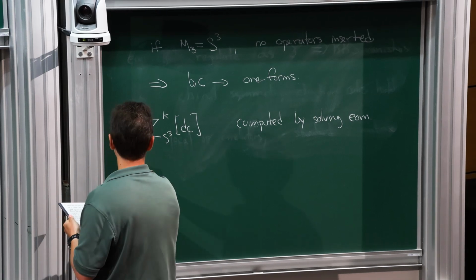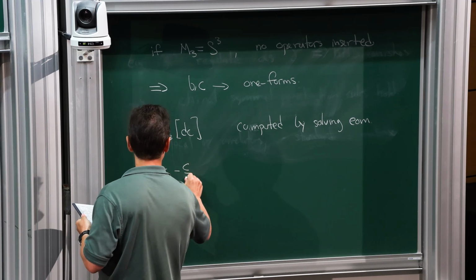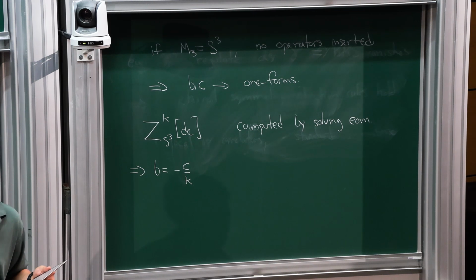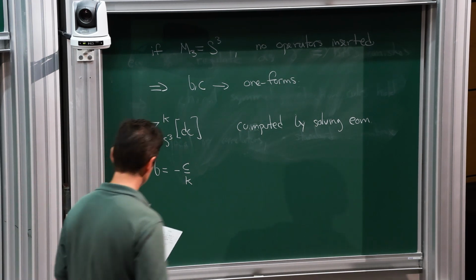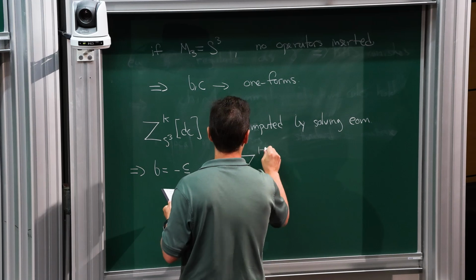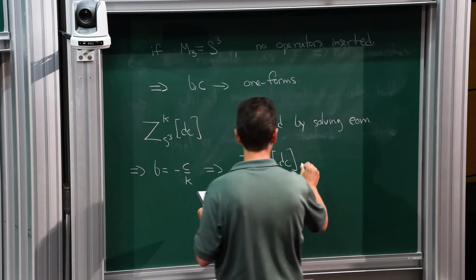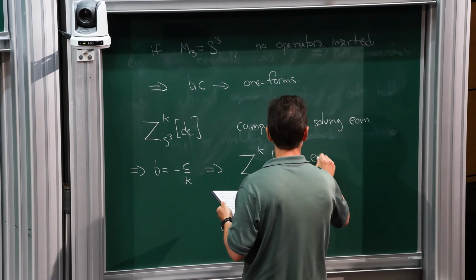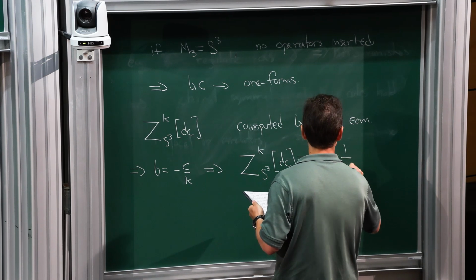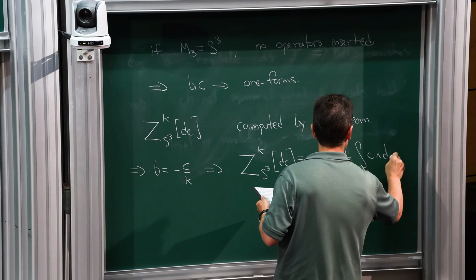The equation of motion tells us that B is equal to minus C over K. That's good. B is the dynamical field, C was a source, so this just tells us what the dynamical field is equal to. And you just plug in, and you get Z_K on S3 of dC. Well, it's equal to the exponential of minus i over 4 pi K integral of C wedge dC.